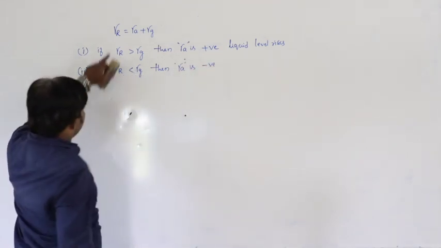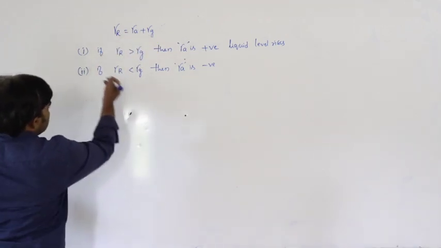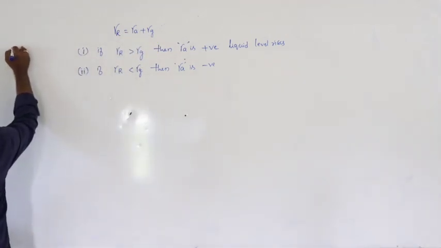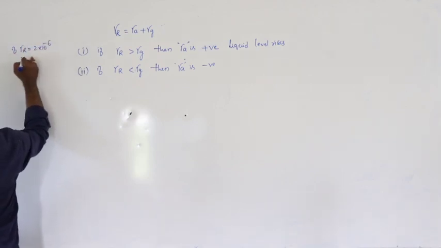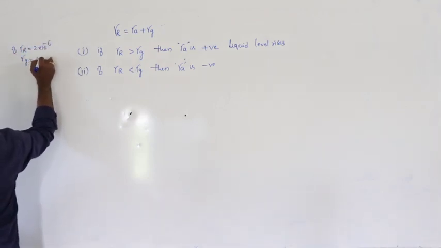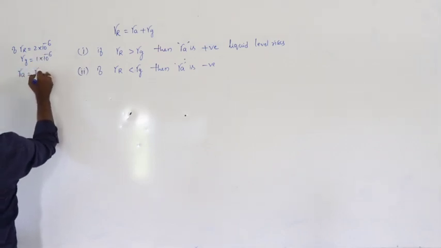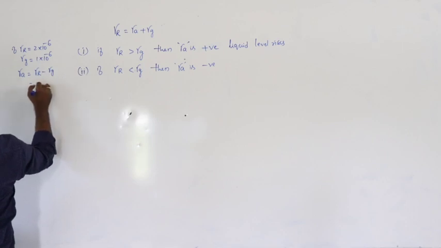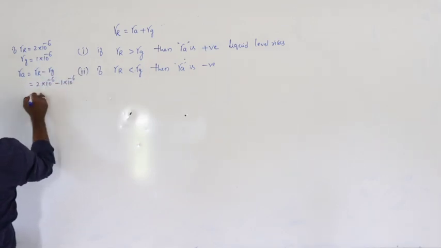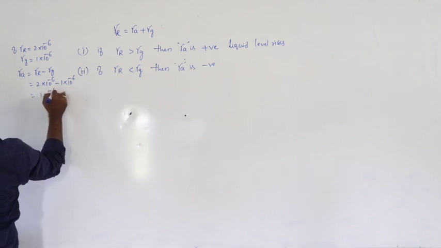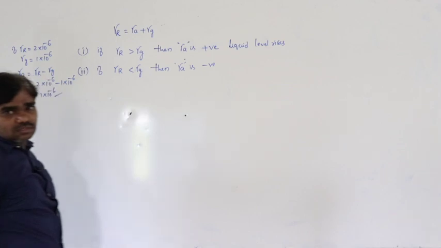Here, in the first condition, if gamma R is equal to 2 into 10 power minus 6 and gamma G is, let us say, 1 into 10 power minus 6, then gamma A is equal to gamma R minus gamma G, that is 2 into 10 power minus 6 minus 1 into 10 power minus 6. So 1 into 10 power minus 6.